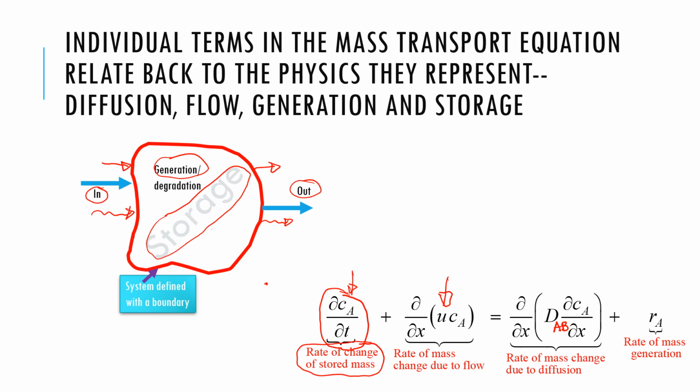It's of course diffusing in and diffusing out, but what is the net rate of mass change inside due to diffusion? And then the fourth one has to do with the rate of generation, or it could be degradation, which is a negative generation. So change in the mass in this control volume due to generation or degradation.